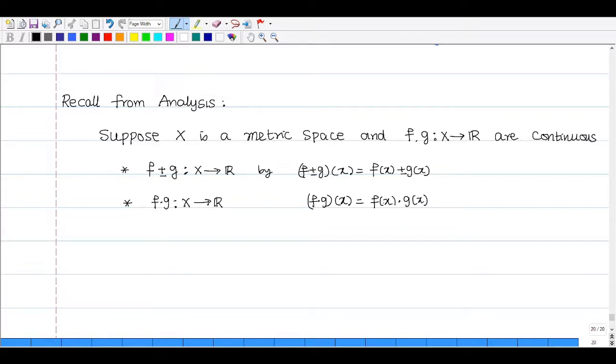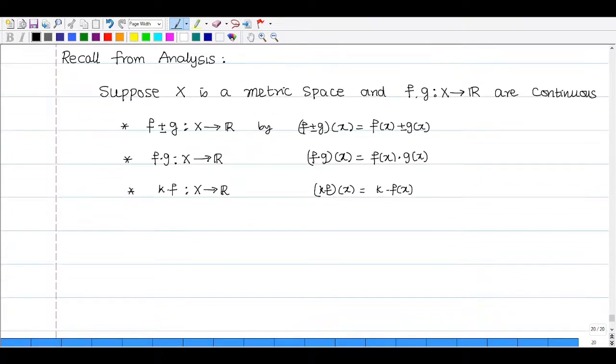This multiply பண்ணலாம். அதுக்கப்புறம் we can have a constant times f. This is also a function from X to R, defined by (kf) of x equals constant times f of x. This is a real number. So these are all continuous functions. And composition வந்து defined ஆகிறதுன்னு வச்சுக்கோங்க.